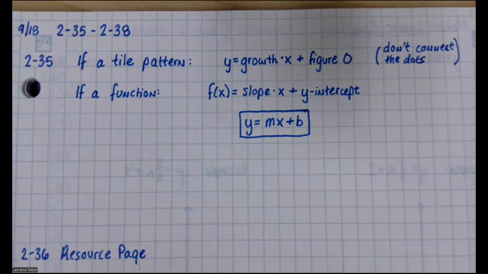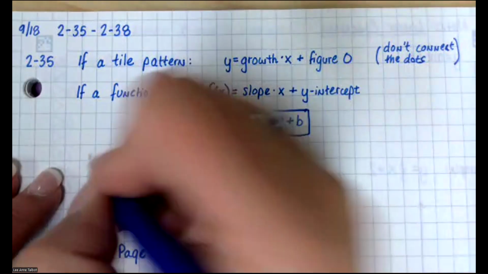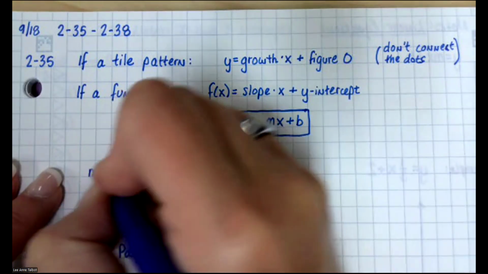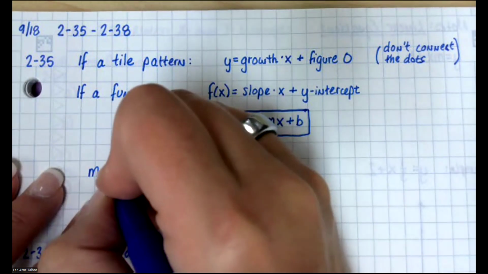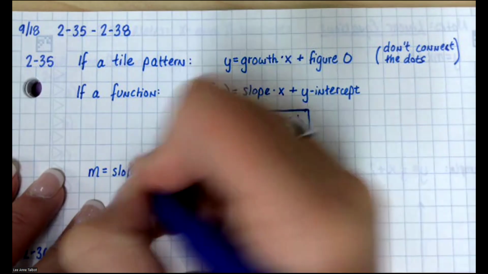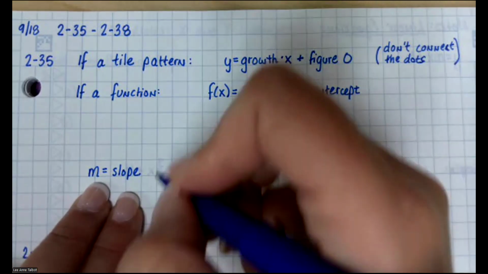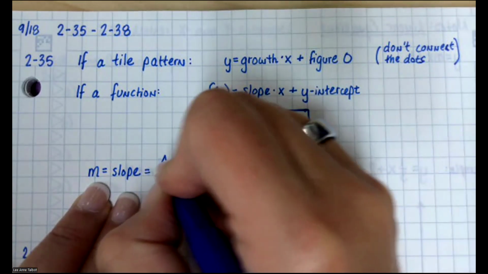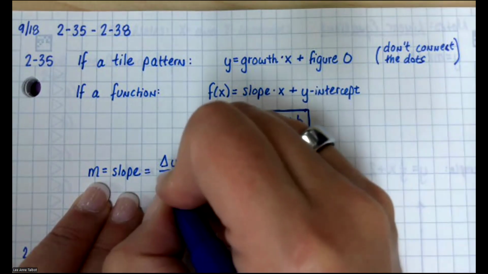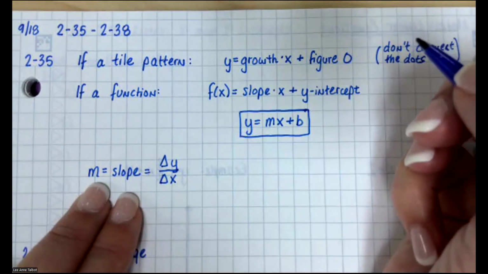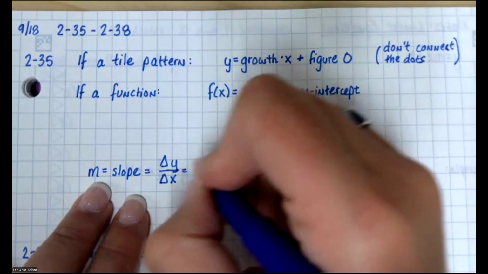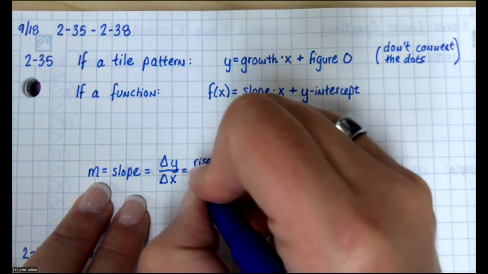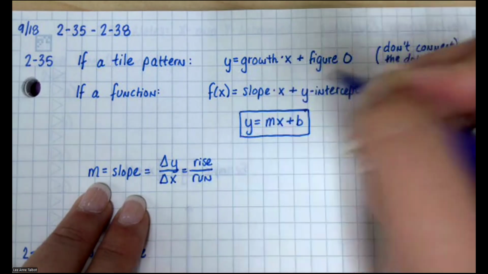Okay. Anyway, so for the slope, that's the letter m. And so far we have been finding it two ways, change in y over change in x. And I also call that rise over run.